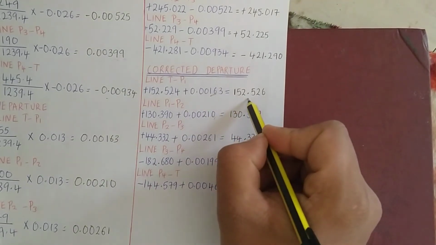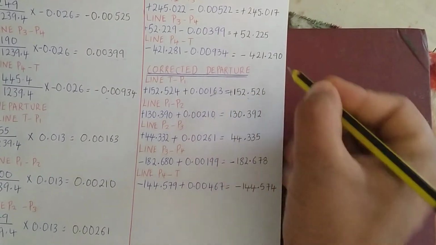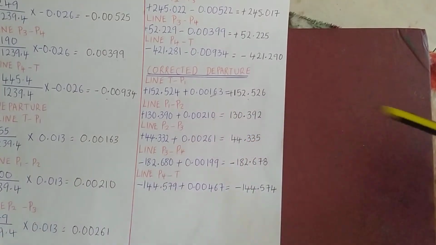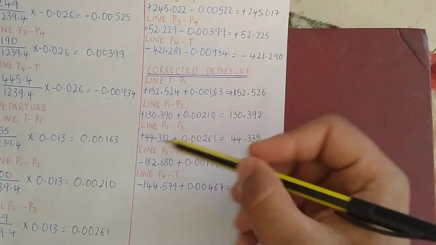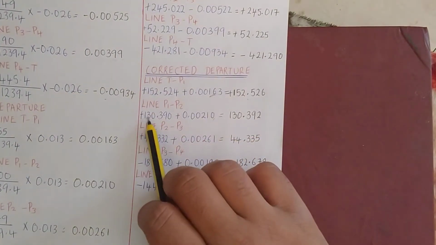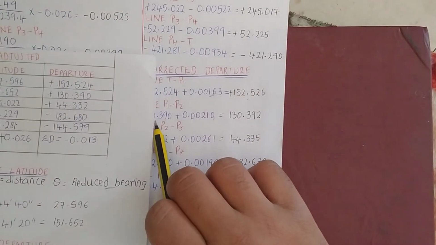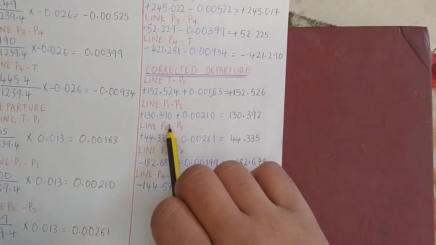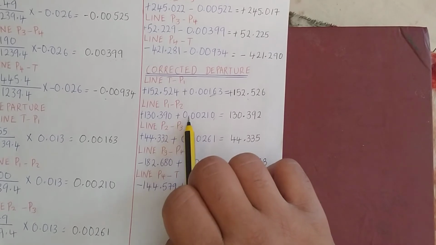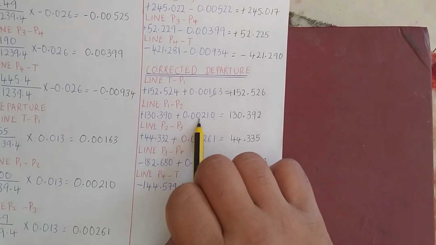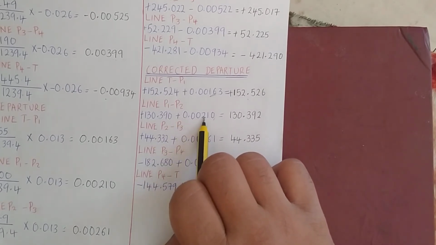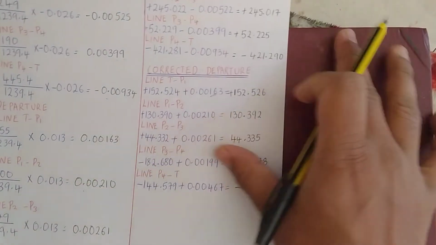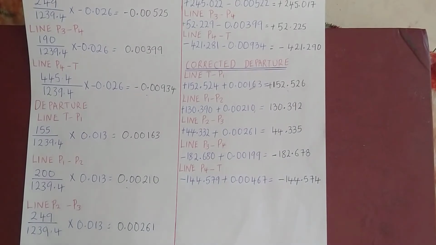Then the answer I'll get as positive 152.526. So for the second line, the departure I calculated, I got it as 130.390. And then I'll add the correction, which is 0.00210. This one, the correction of line P1, P2.